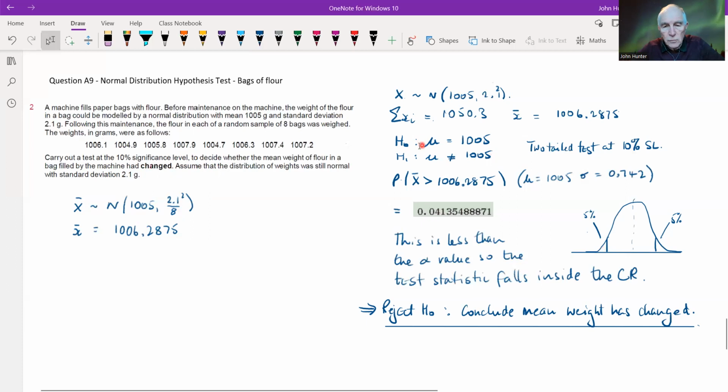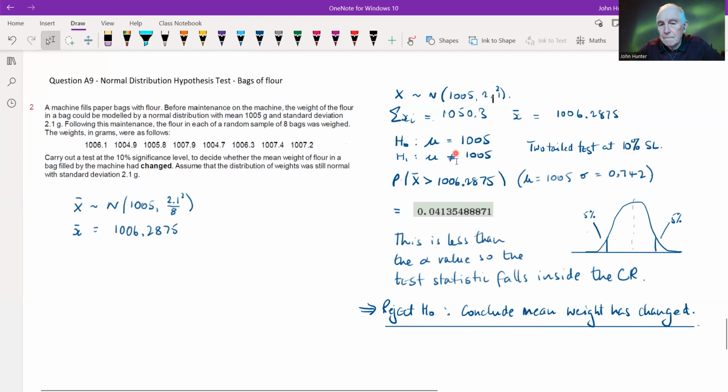First of all, we're going to form our hypotheses. The null hypothesis is that the mean is still 1005, and the alternative is that it's changed, in other words, that it's not 1005. We're doing a two-tail test, simply because we're testing that it's changed.